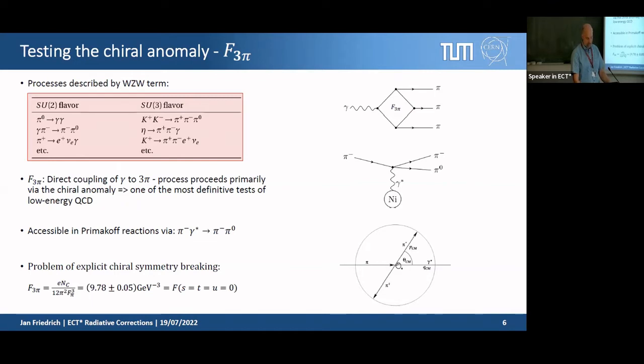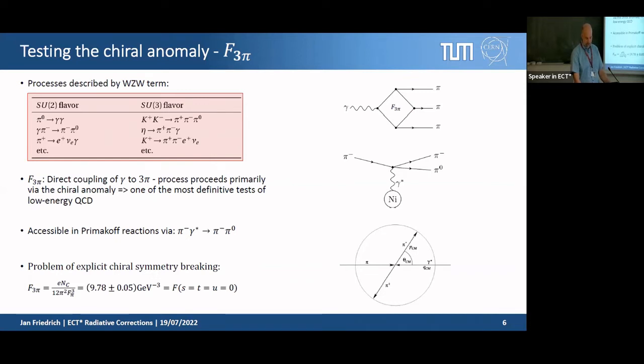And the kinematics of this embedded process is very simple. It's a two-to-two body process, which features then in the center of momentum only the one scattering angle.